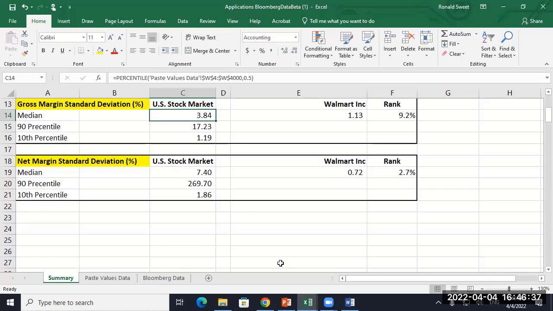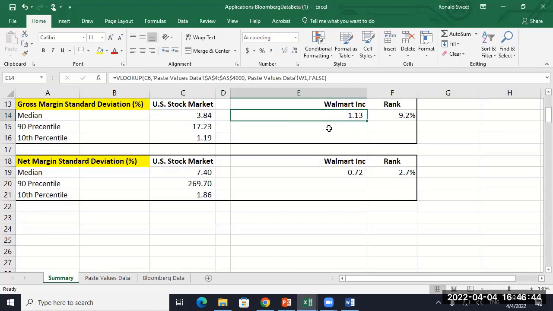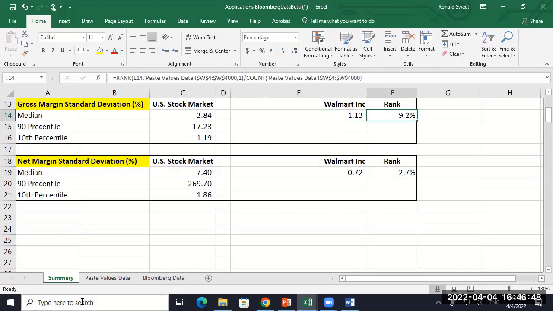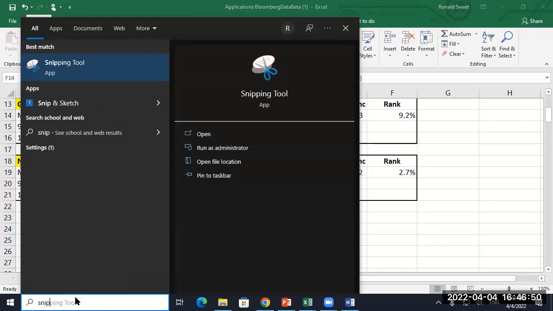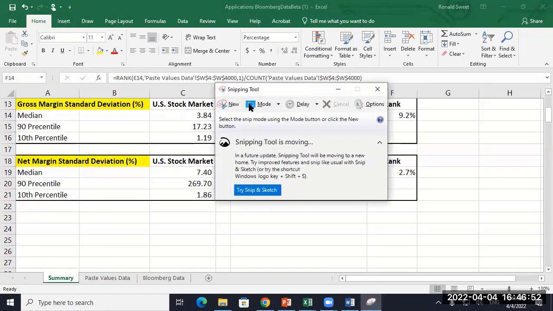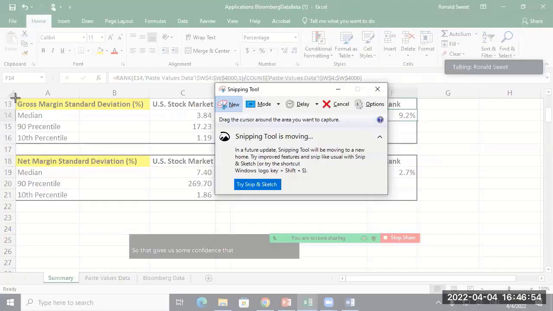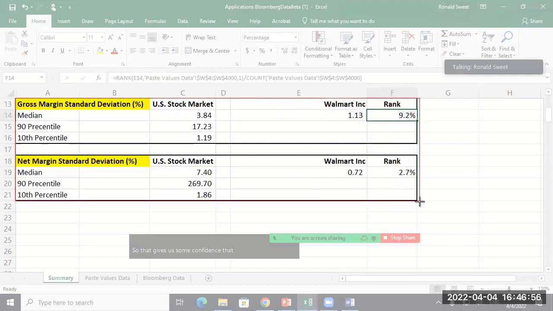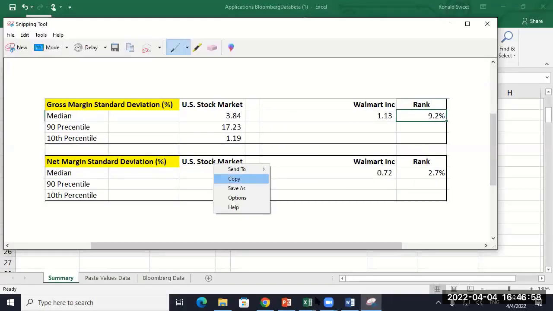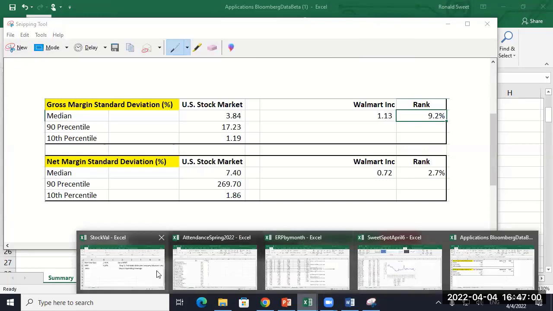They have very thin models. The standard deviation of their margins is 1.13%. They rank in the top 10% most stable companies out there. So that gives us some confidence that this is a firm without much operating leverage. You need to talk about it though some, so don't just use this one chart.